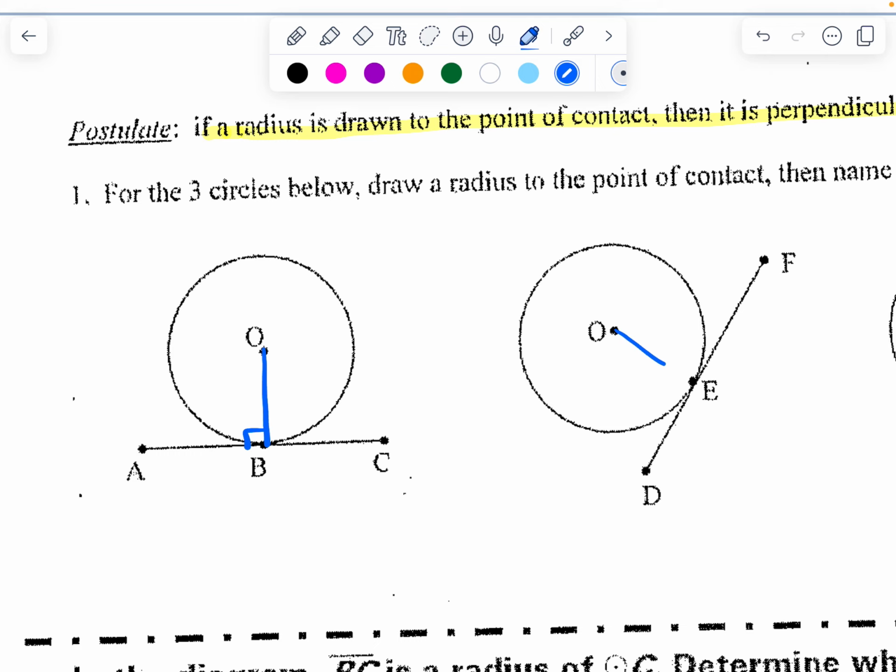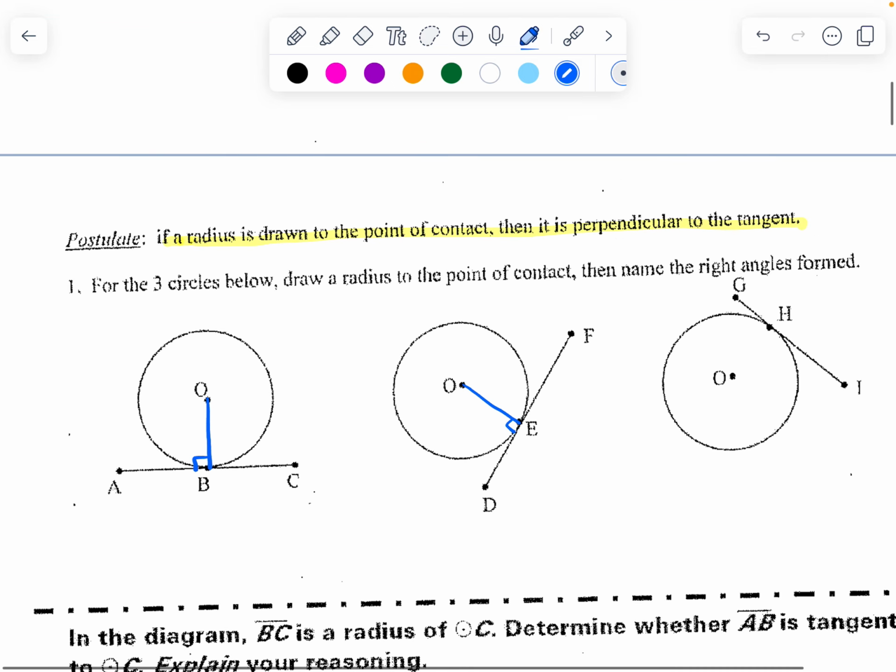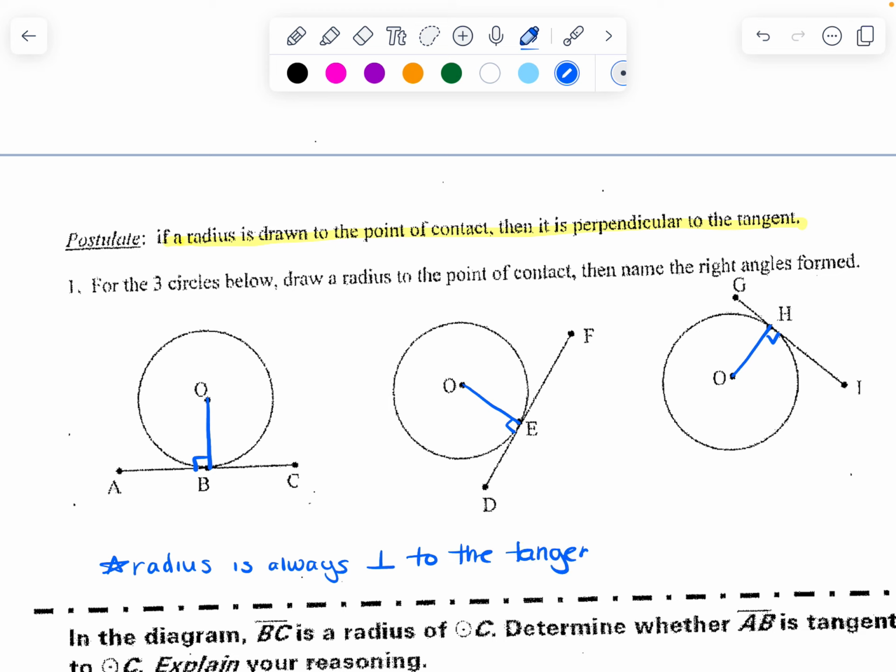Same with OE, it has to be perpendicular to DF, as well as OH has to be perpendicular to GI. So if we were to make a note of that, we would say that a radius is always perpendicular to the tangent. So go ahead and get that written down.